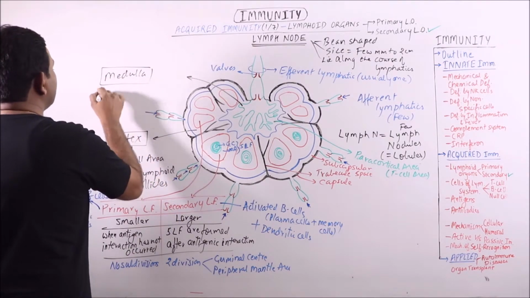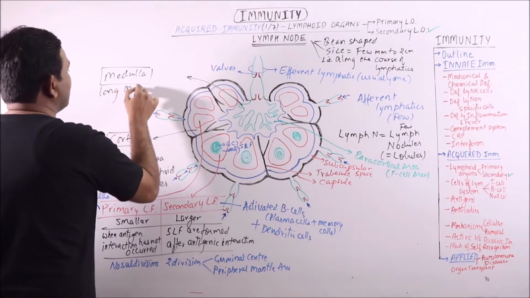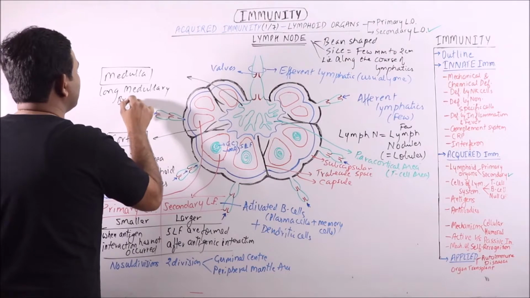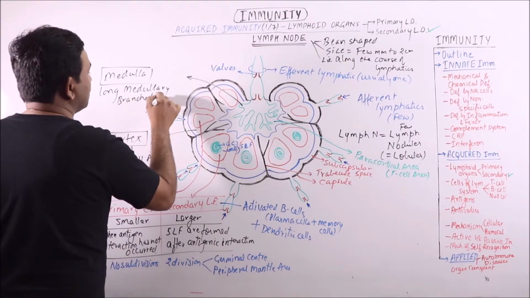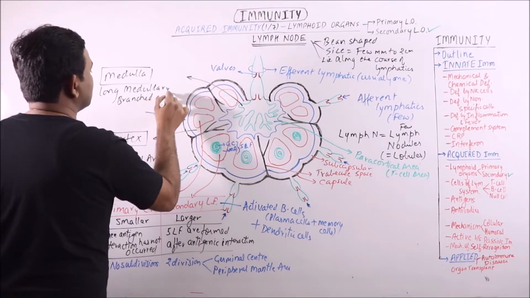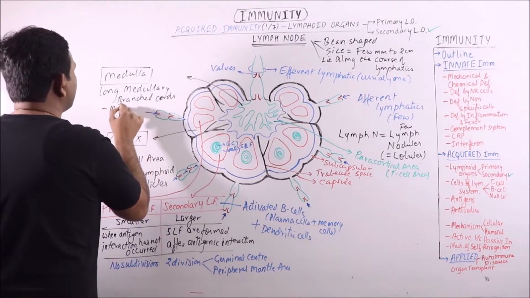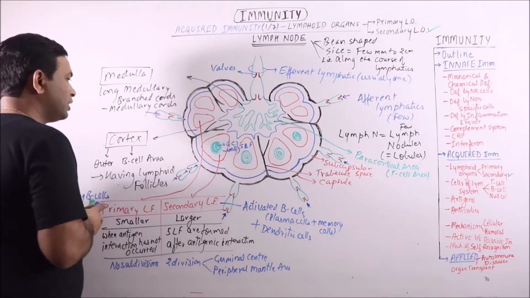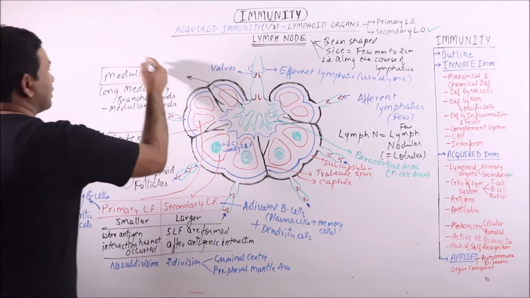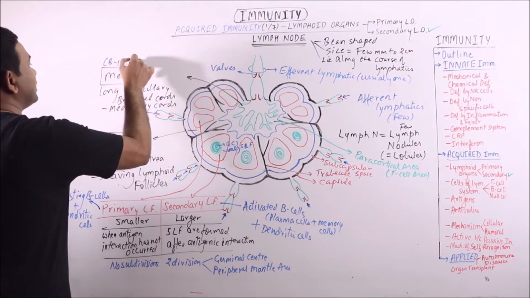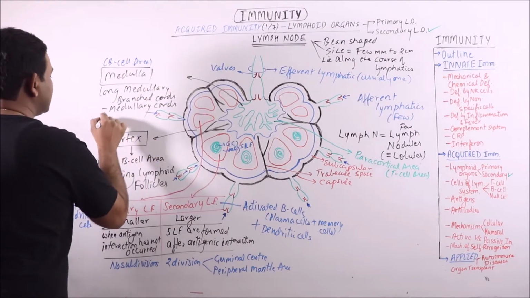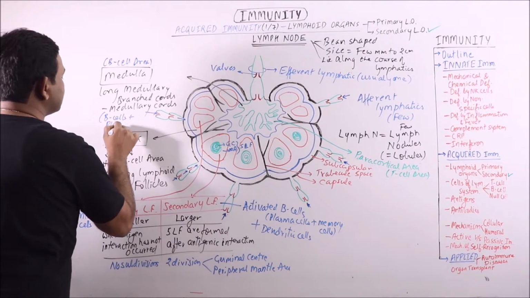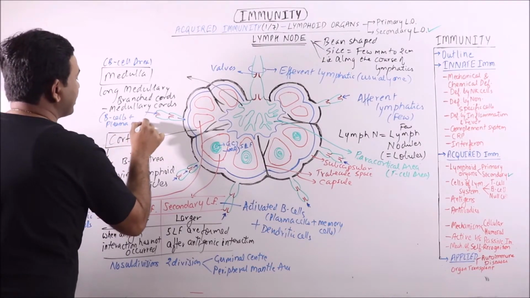Medulla is having long branched cords. These are also known as medullary cords, and as the medulla is again B cell area, it is having B cells plus plasma cells plus macrophages.